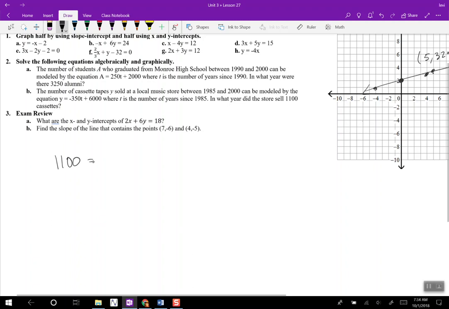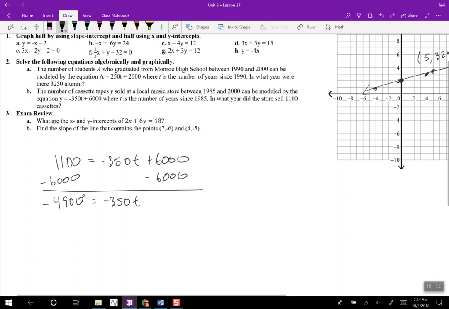1,100 equals negative 350t plus 6,000. So subtract 6,000. And negative 350t equals 1,100 minus 6,000, which is negative 4,900.